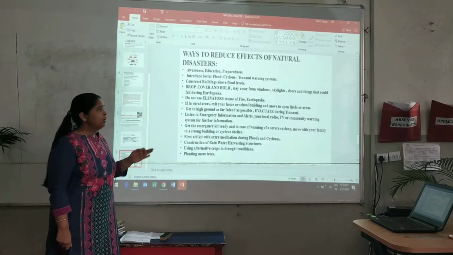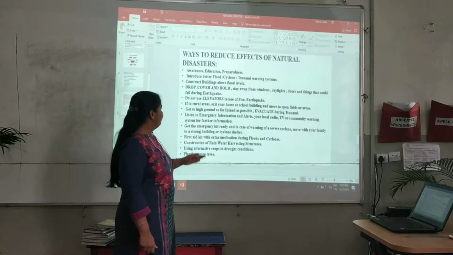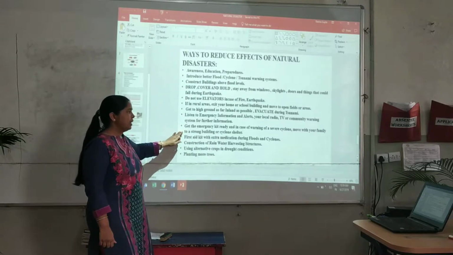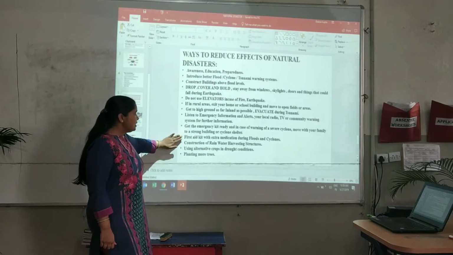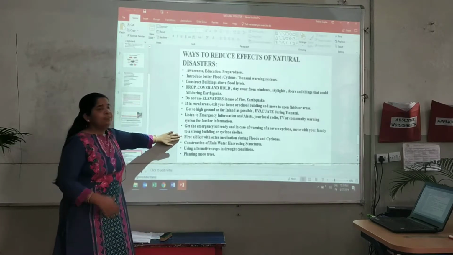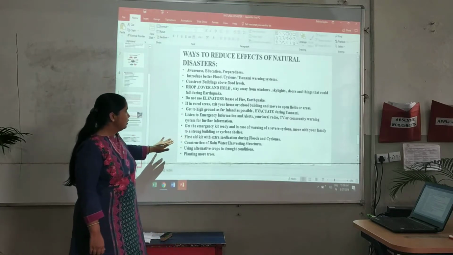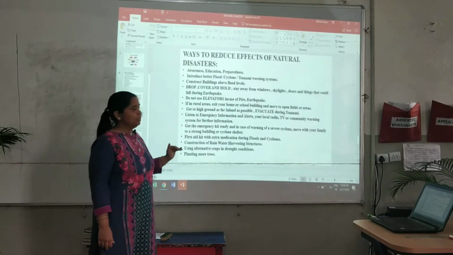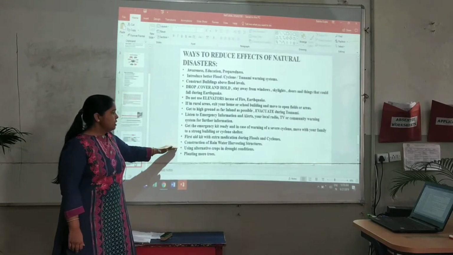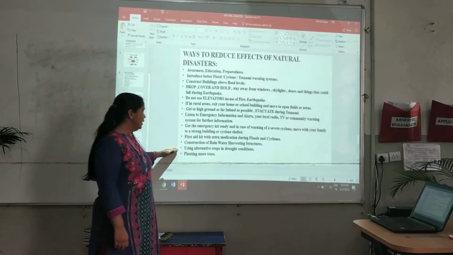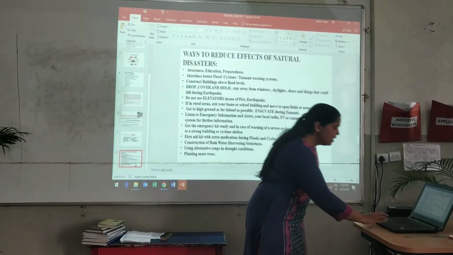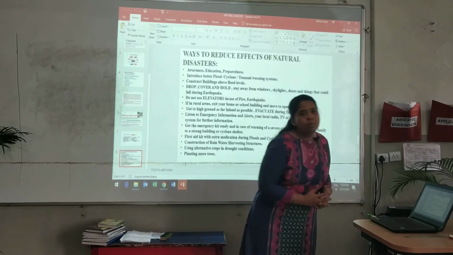And in case of warning of severe cyclone, move away with your family to a strong building or a cyclone shelter area. First aid kit should always be ready for such disasters, with extra mitigation during floods and cyclones: construction of rainwater harvesting structures, using alternative crops in drought conditions, and last but not the least, planting more trees.